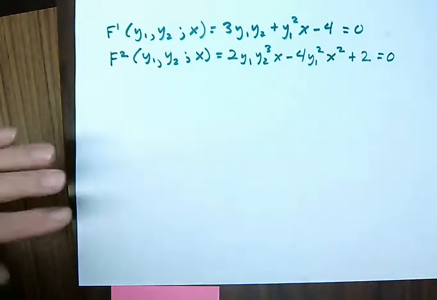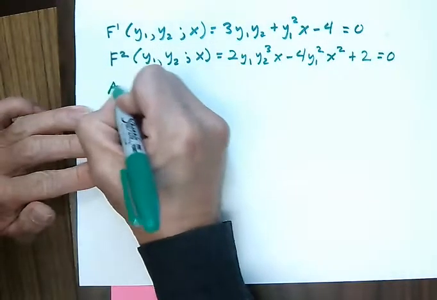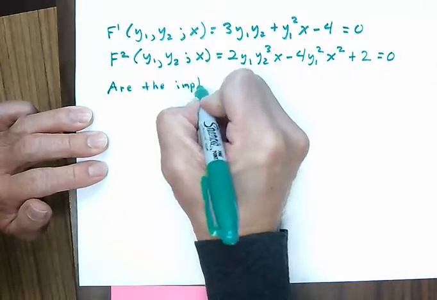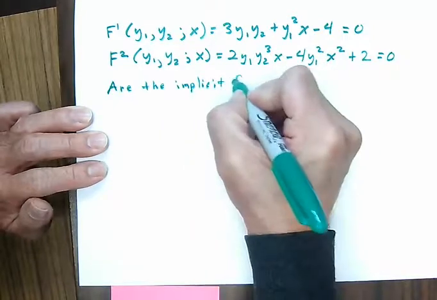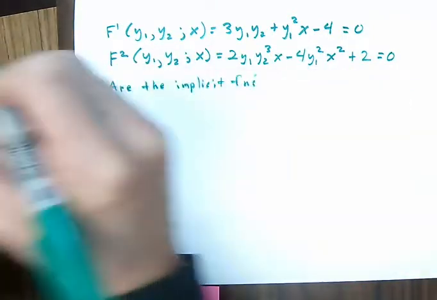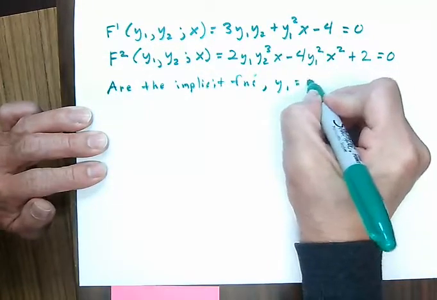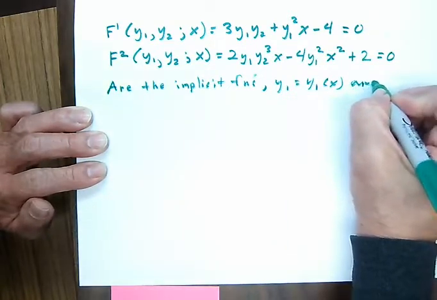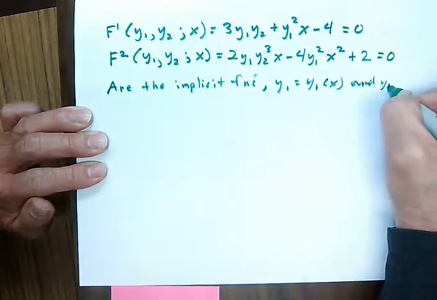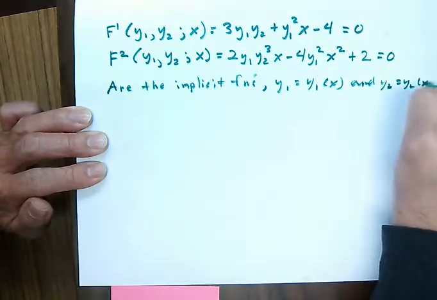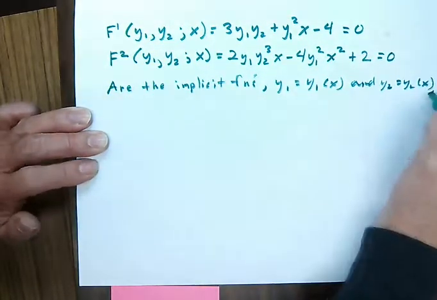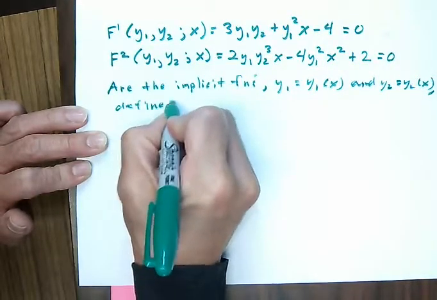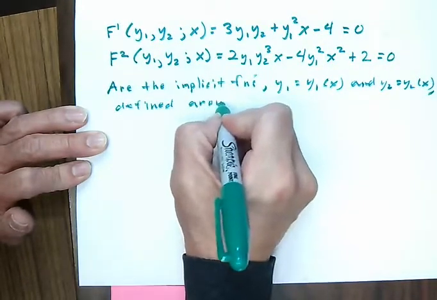So the question is, are the implicit functions, y1 as some function of x and y2 as some function of x, defined around some point?